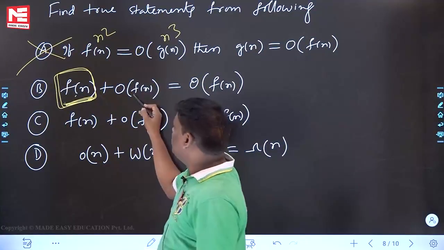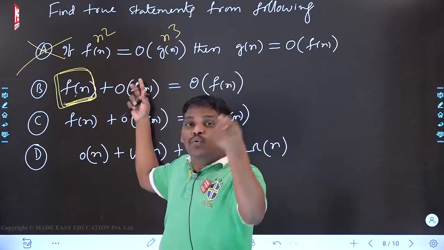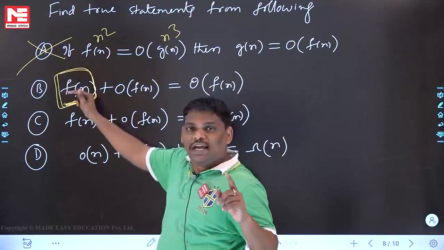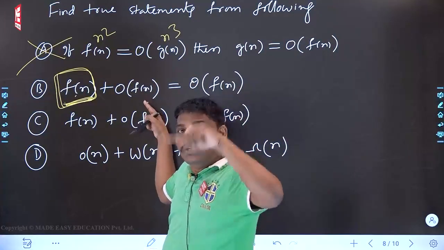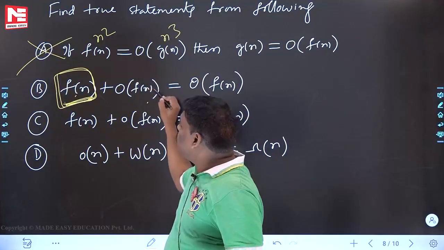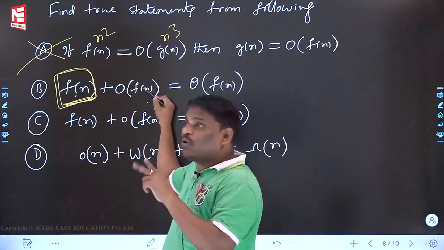But here, big O of f of n. What is the meaning? Here there is one actual person, and to him it is upper bound. First place, actual f of n is written. Second place, upper bound is written. Big O means upper bound. To the second one, whoever is there, upper bound is f of n.